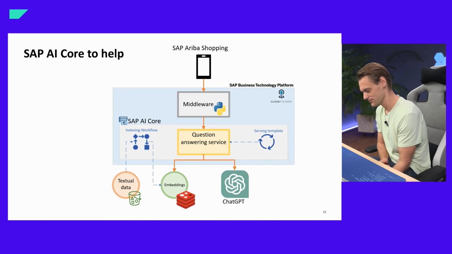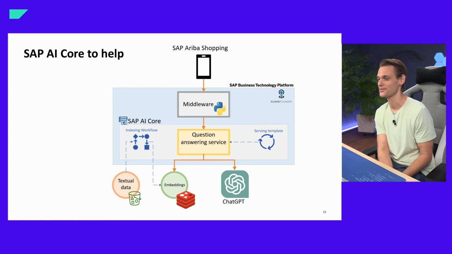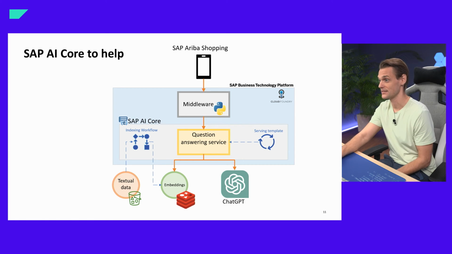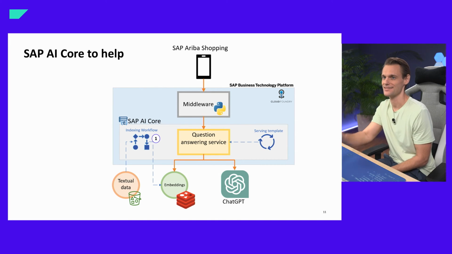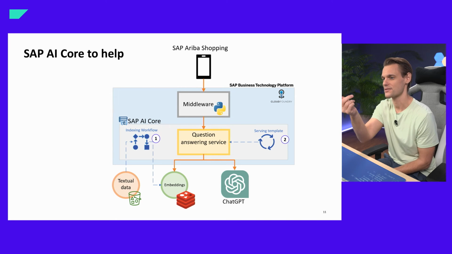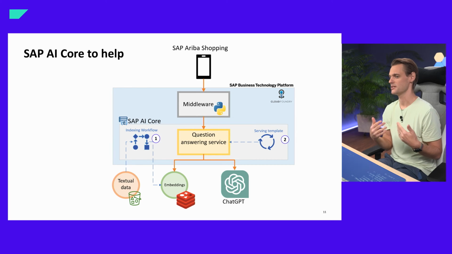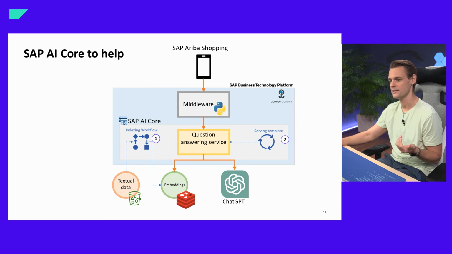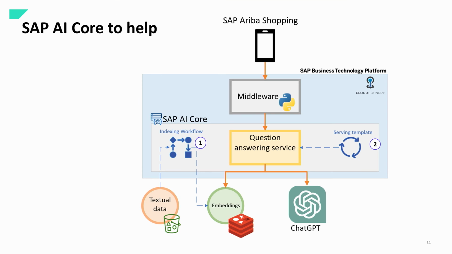Now you can ask yourself, okay, but we at SAP, since we are a software company, do we have something that we offer that we can use internally and that external developers or other customers can use as well? Of course. There is SAP AI Core, which helps a lot here. You see the first step, you have to do the indexing workflow. And with the index workflow, it's only a YAML file where you say, on the left side you have your textual data, what you saw before with the Ariba catalog.